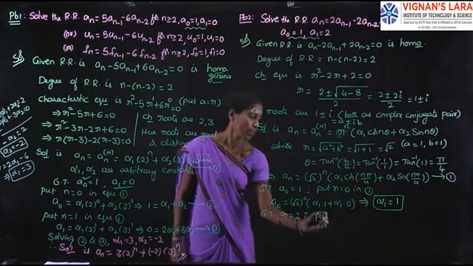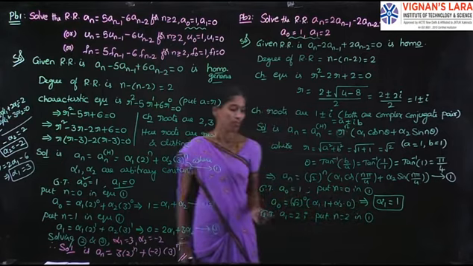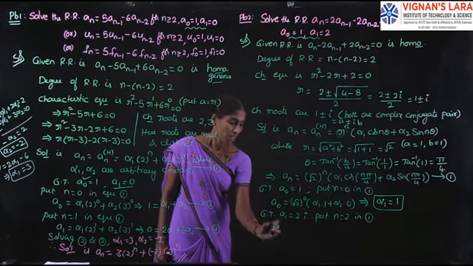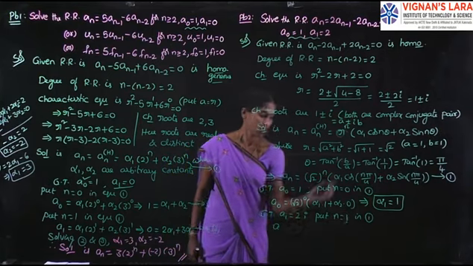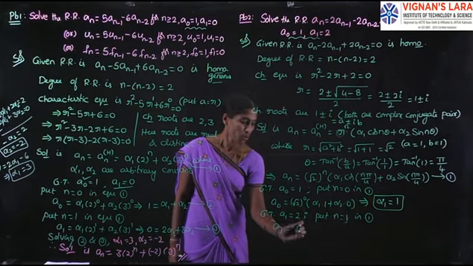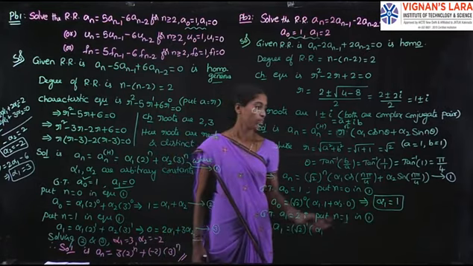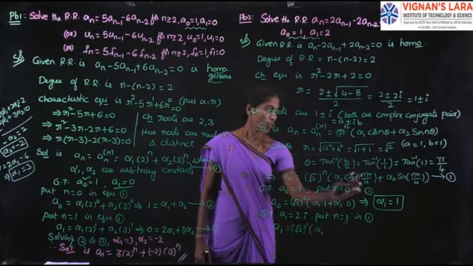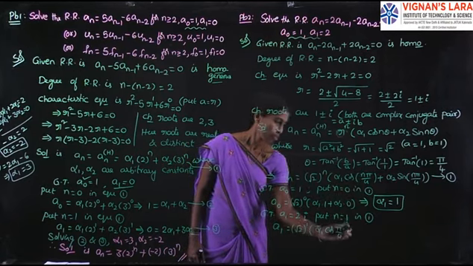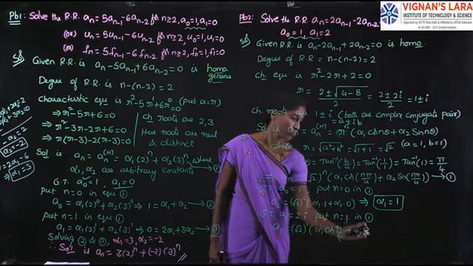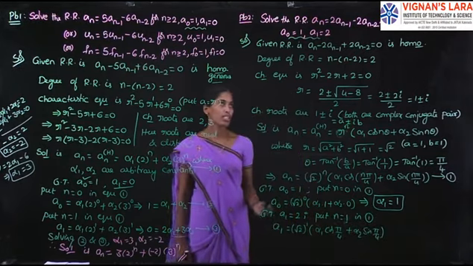Put n equal to 1 in equation 1. a1 is equal to root 2 to the power 1, alpha 1, cos pi by 4, plus alpha 2 sin pi by 4.